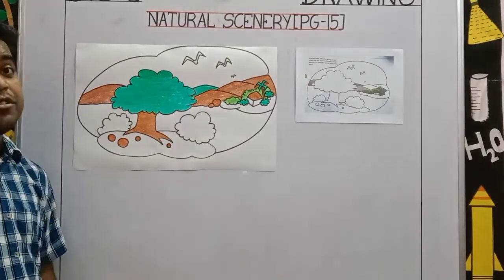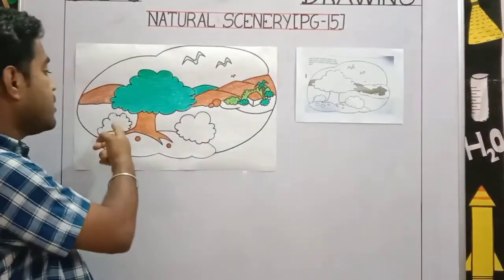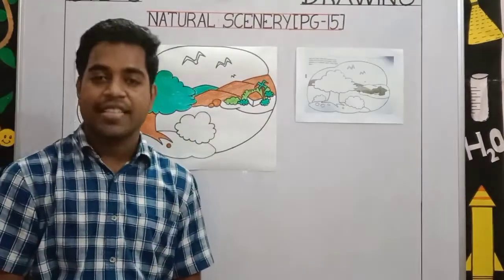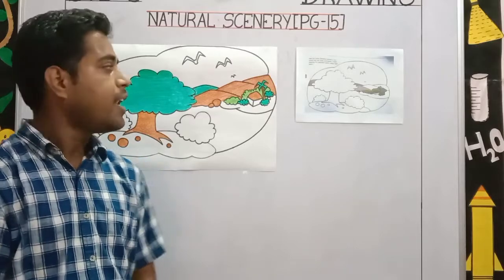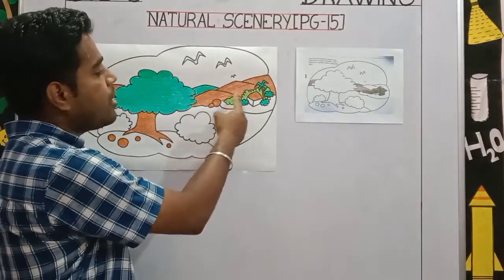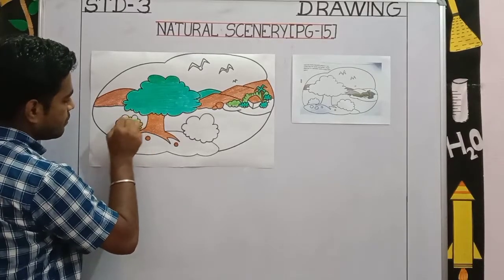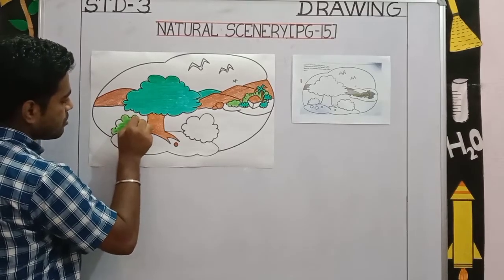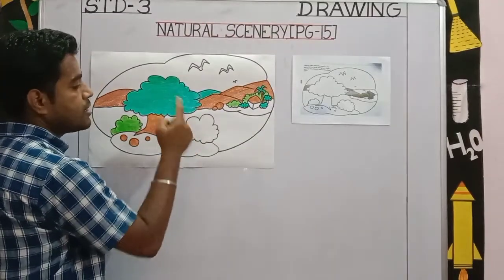So children, can you just tell me which color do I need to color these bushes? Yes, we have to color them with a lighter shade of a green color as I have done over here. Now it's time to color this bush also.